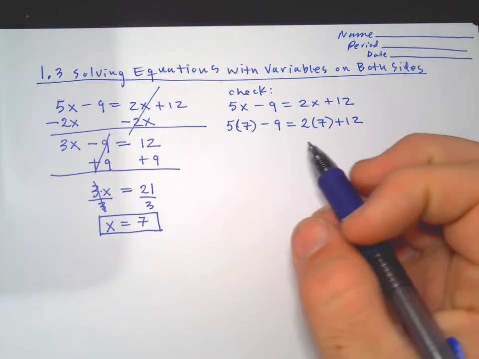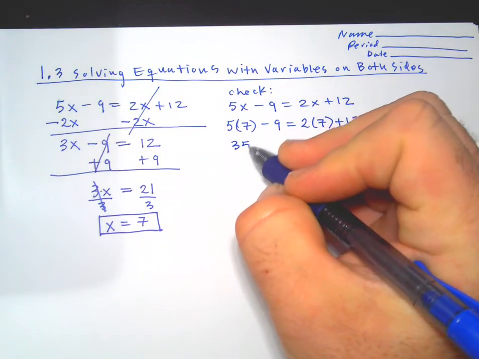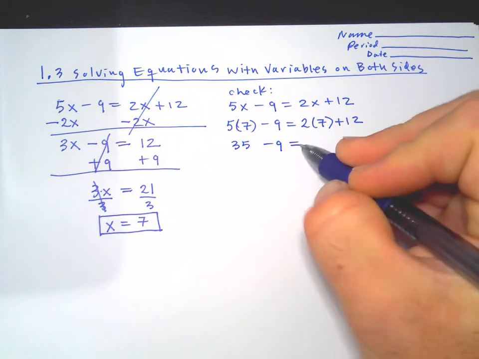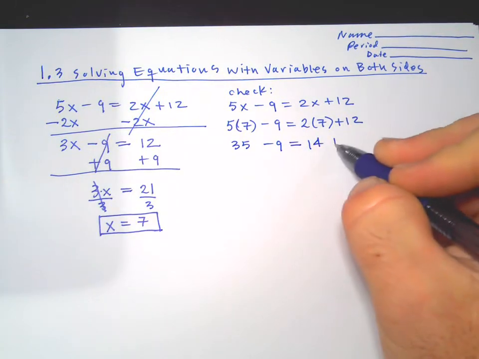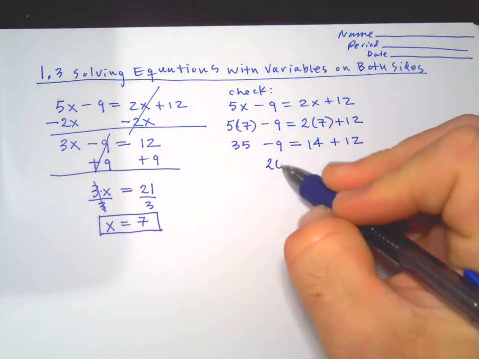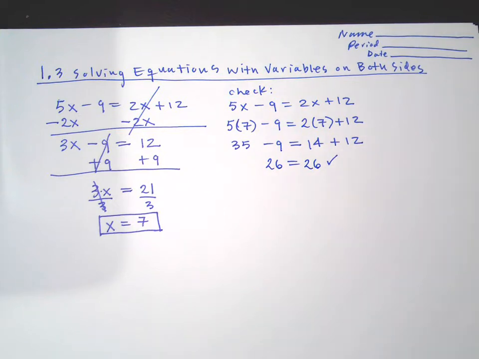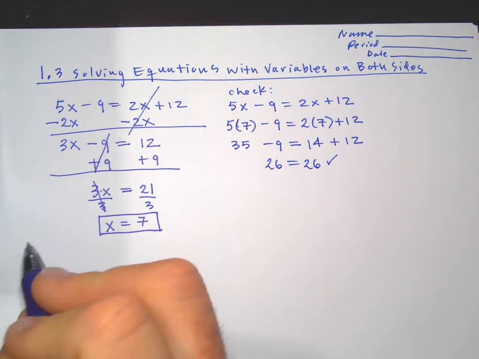A lot of times that helps avoid a lot of problems. So 5 times 7 is 35. You got to use order of operations now. 2 times 7 is 14. 35 minus 9 is 26. 14 plus 12 is 26. And it checks. We're good.